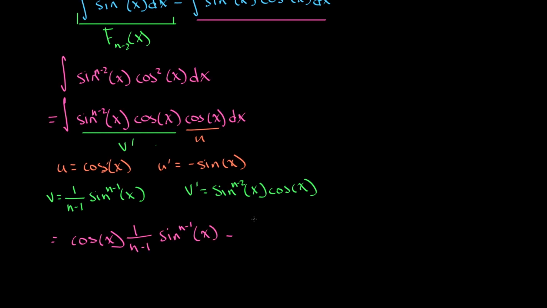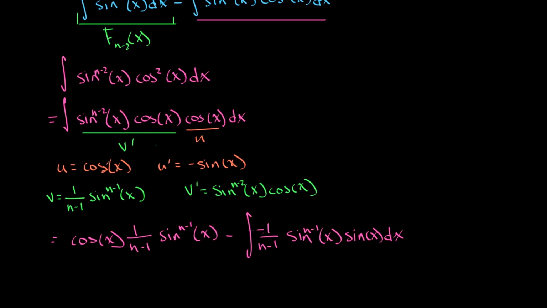And then we have minus this indefinite integral of v du. And that is going to be 1 over n minus 1 times sine of x to the n minus 1 power. Okay, and then we have times negative sine of x. I'm just going to take that negative and throw it on this 1 here. So we have sine of x right here, dx. And there is integration by parts.